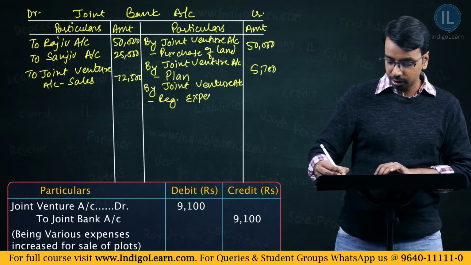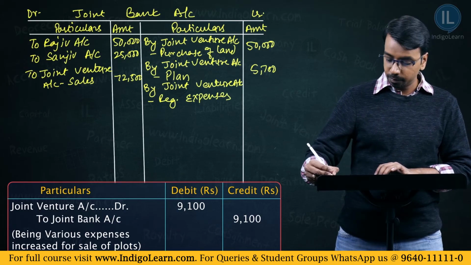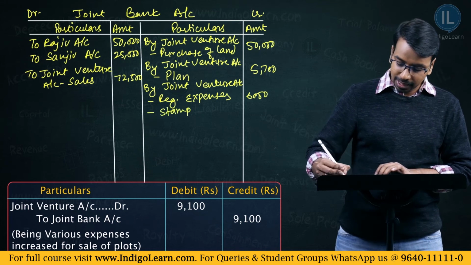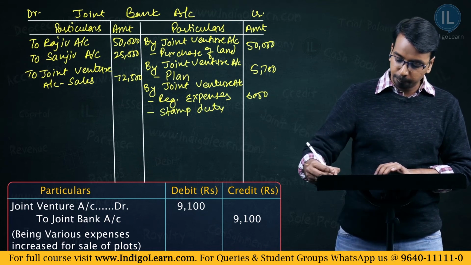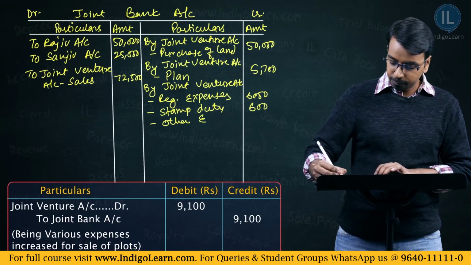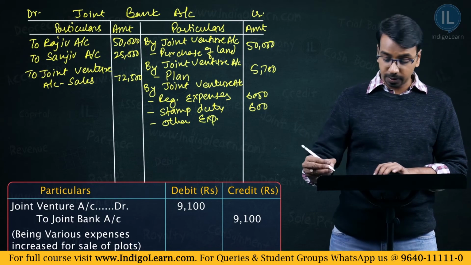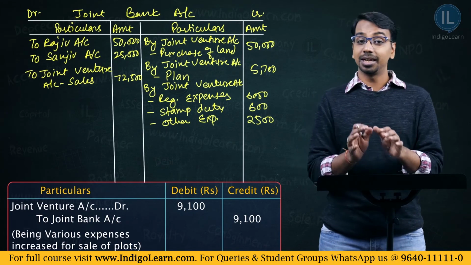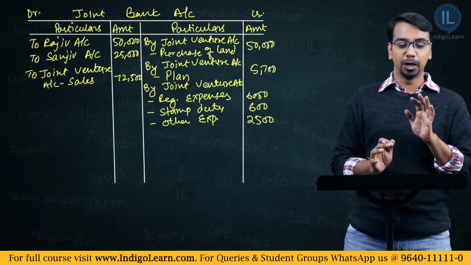So registration expenses. How much was the amount? 6,000. Stamp duty 600. And other expenses. How much was the other expenses? 2,500. These are the expenses incurred in connection to the sale.